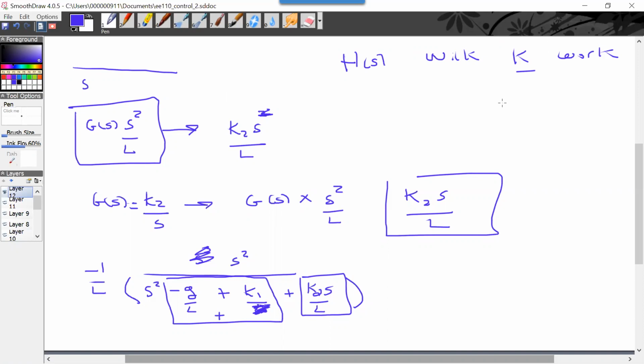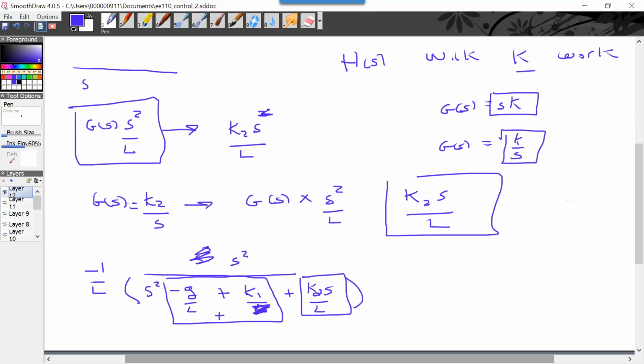Then there's other questions, well, will derivative feedback work? That just means G of S equals SK. Integral, that just means K divided by S. All right.